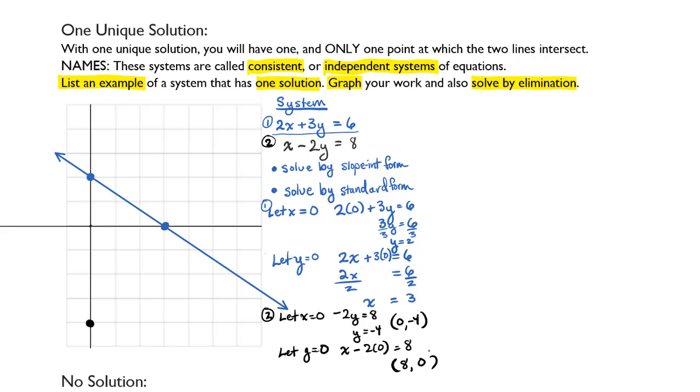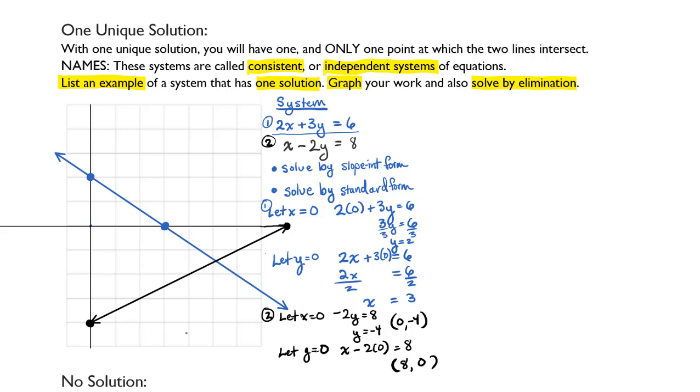Now, this is going to be a little bit tricky because our graph doesn't necessarily go all the way to 8, so we're just going to have to make it one more notch right here. I think you're probably pretty confident with doing that. So now let's connect the dots. There you go.